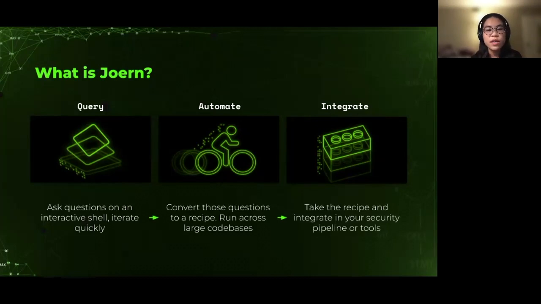And then finally, you can take those recipes to run again and again in your security pipeline or tools. So it's kind of like writing shell script to automate tasks. Yearn allows you to write queries that detect specific behaviors in code and then convert that into a script to scan across all of your code bases.